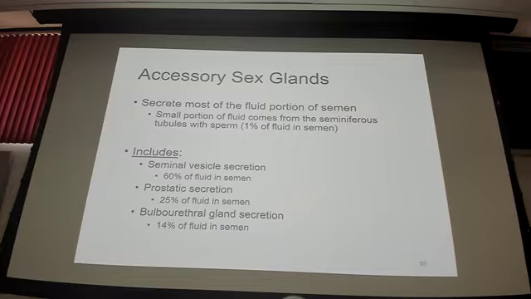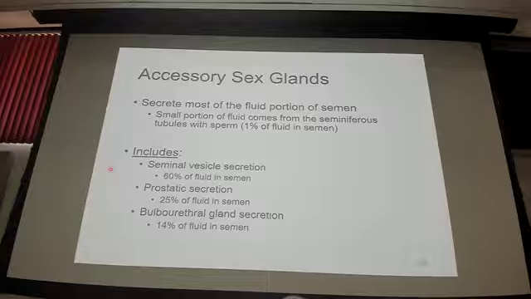All right? So talking about the fluid that is in semen, that is in ejaculate, right? The actual seminiferous tubule fluid, that fluid that surrounds the sperm cells, is a very minor portion of what actually is in that fluid, right? The majority comes from those seminal vesicles. You guys remember where those were? Sort of posterior to the bladder, right?